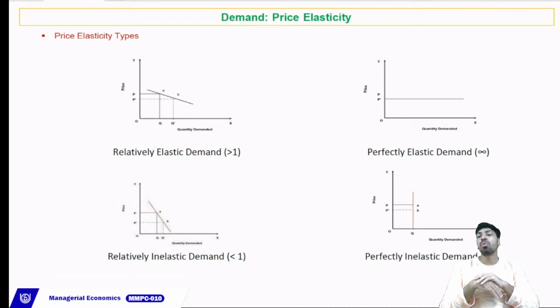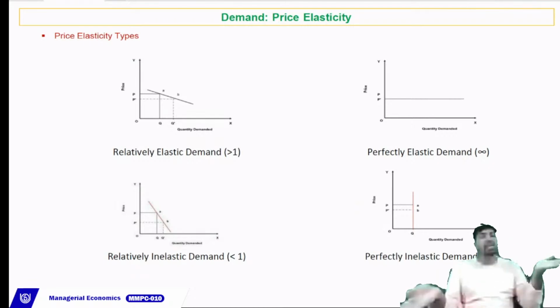When we talk about inelastic demand, which is less than one, it means the change in price is more than the change in quantity. It's very simple. Inelastic: change in price is more than change in quantity.